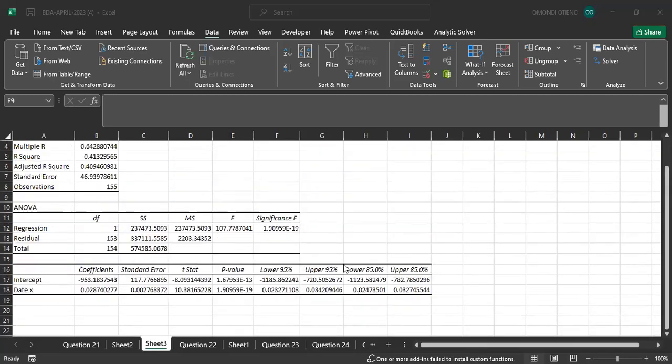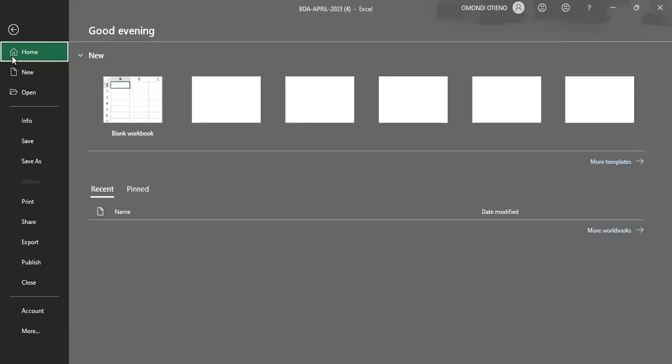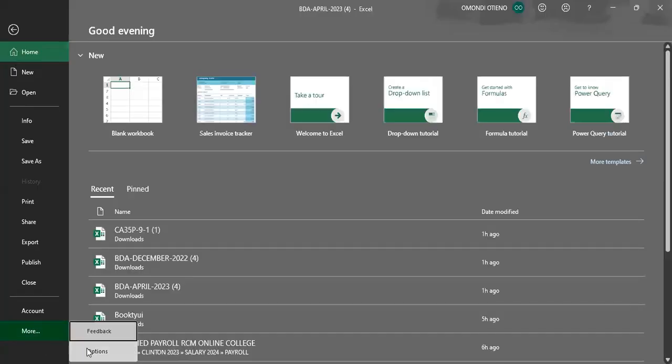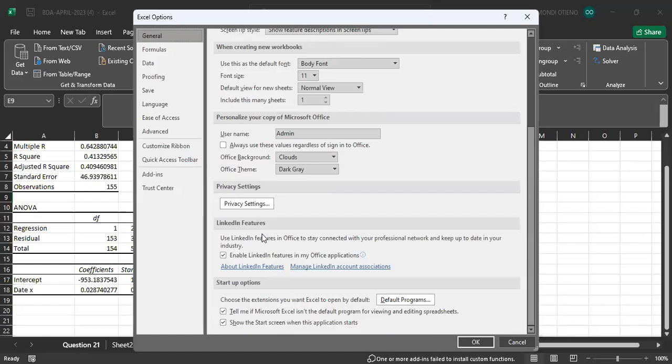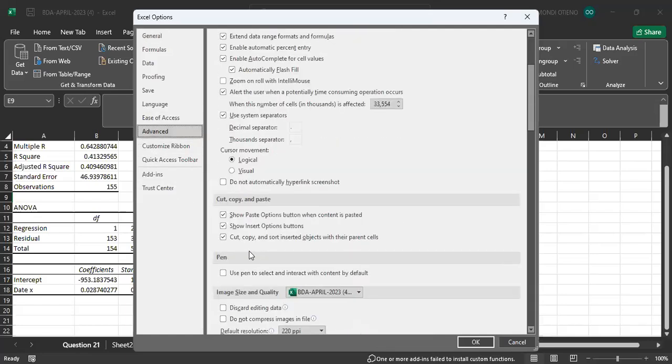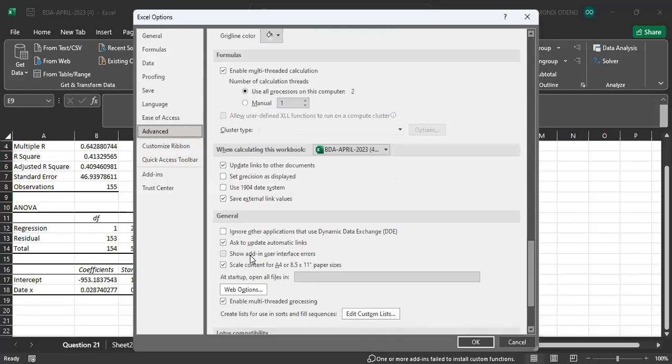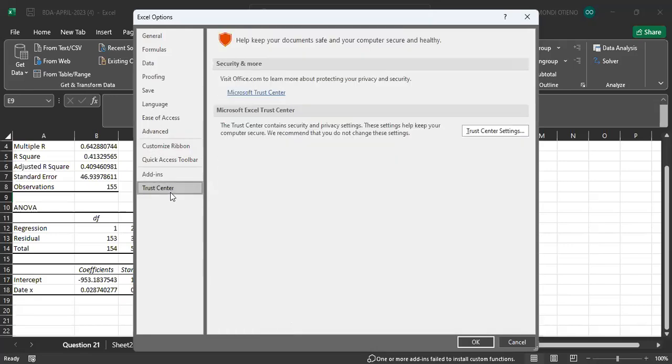Okay. So is it clear? Senda kwa more options. More options, then we get to each part. Is it advanced or more options, then trust center? I think so.